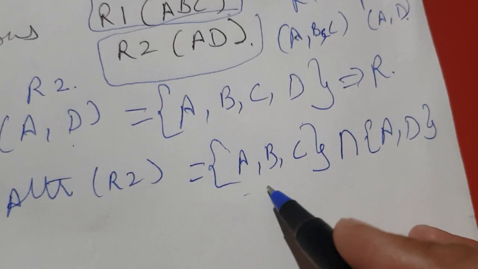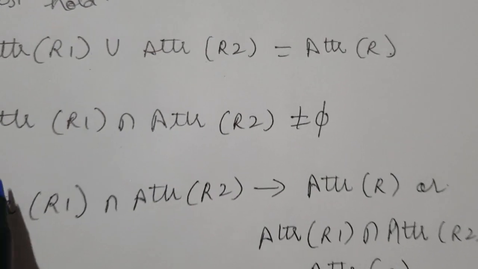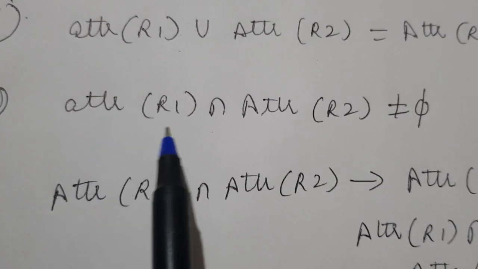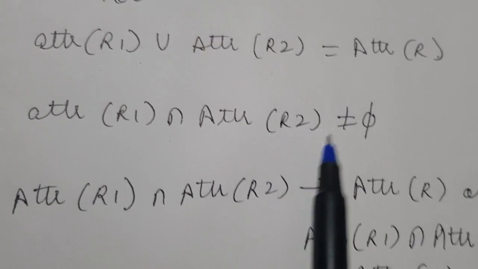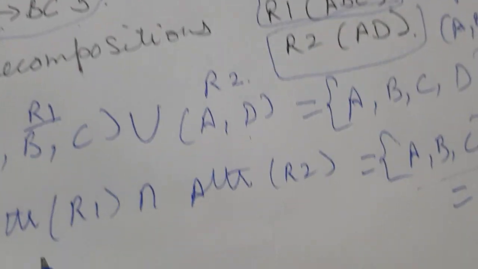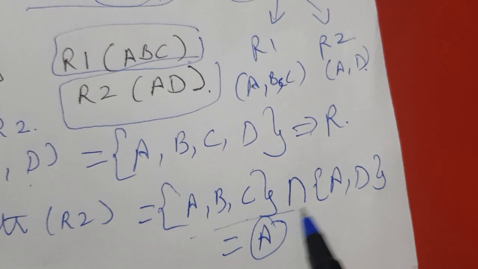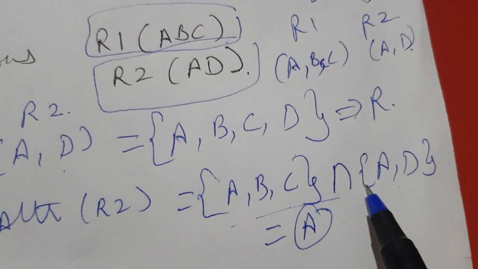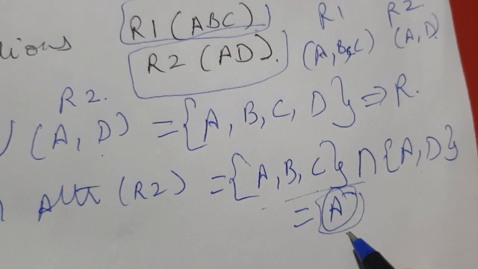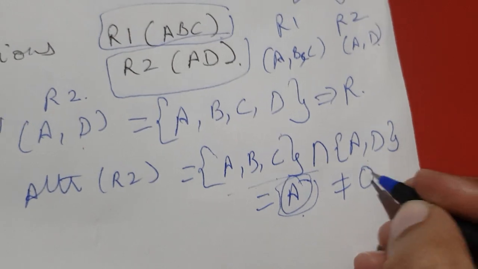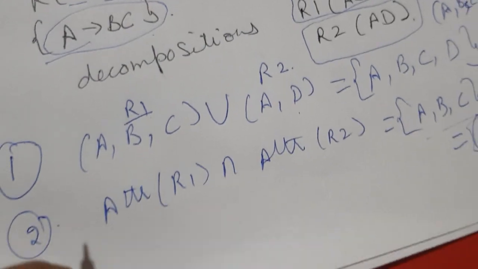When we find the intersection of these two, we get A. The second condition says attribute of R1 intersection attribute of R2 should not be null; anything other is possible. Here we get A, one attribute in common, which is not equal to null. So the second condition is satisfied.